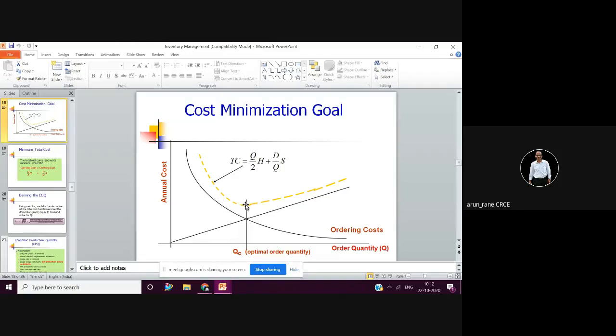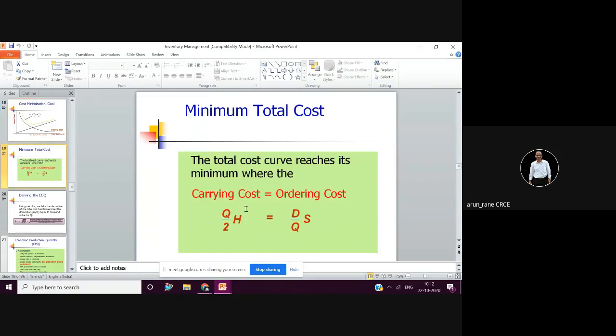So this is the point which gives you the optimal order quantity. If you remember, this was your total cost. The total cost consists of holding cost plus ordering cost, and then we take this lowest minimum point to find out the economic order quantity.